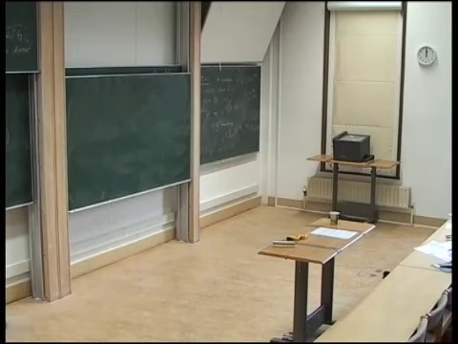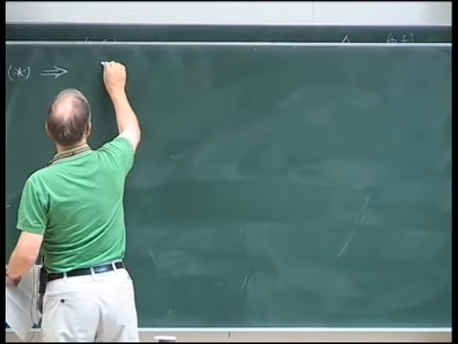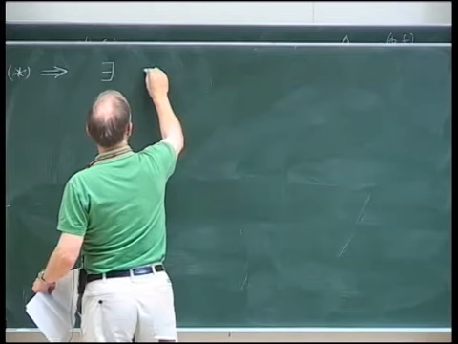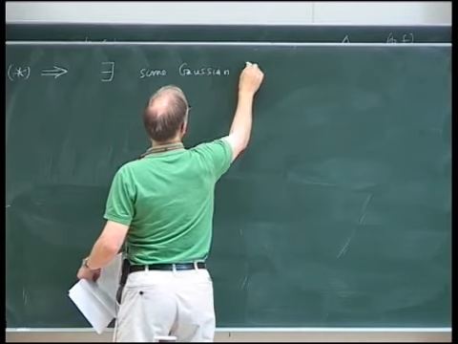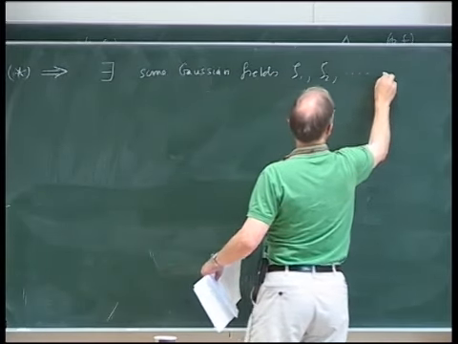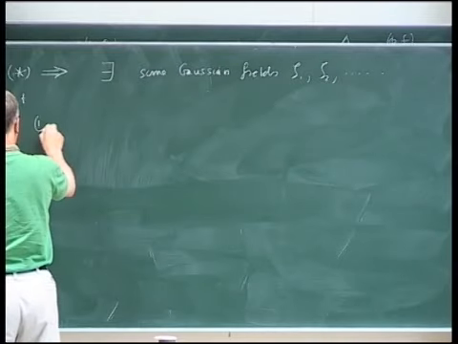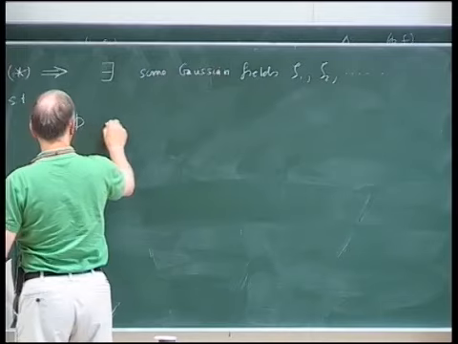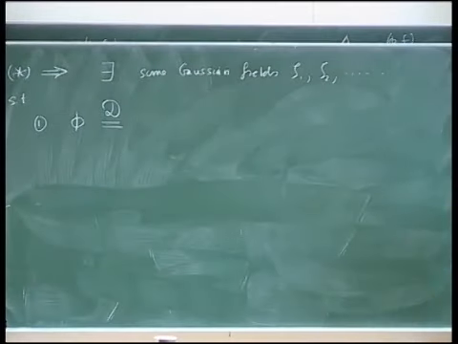So this structure, let's call it star, implies that there exist some Gaussian fields zeta 1, zeta 2, dot, dot, dot, going on forever, such that phi, forgive me for drowning you in notation here, but this script D means in distribution.